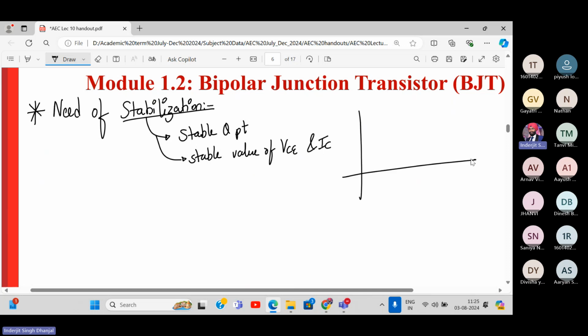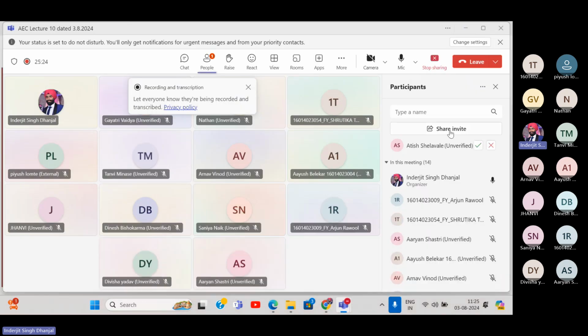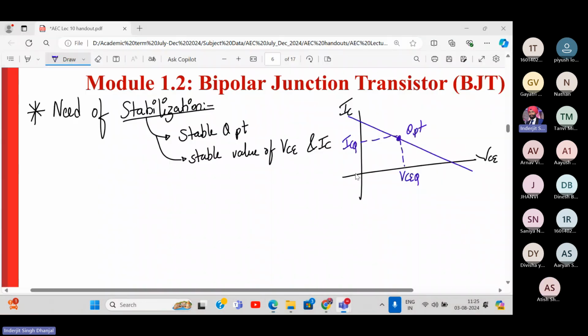Okay, so if we see the output characteristics again, this is VCE, this is IC. So in the DC load line, if this is the Q point, we want a stable Q point. So this is VCEQ, ICQ. Okay. So we don't want this Q point to shift either near the saturation or near the cutoff.